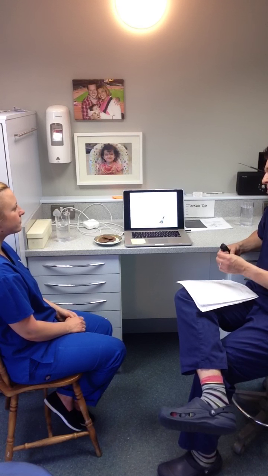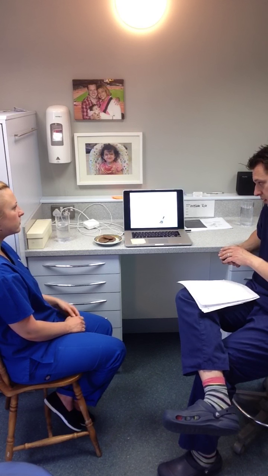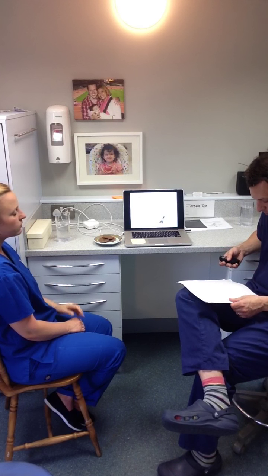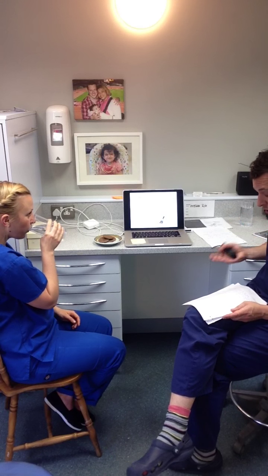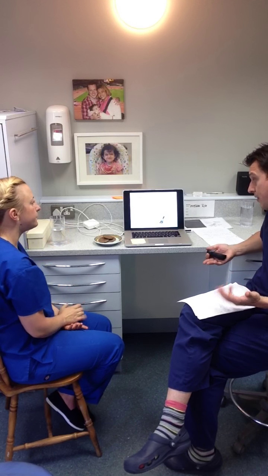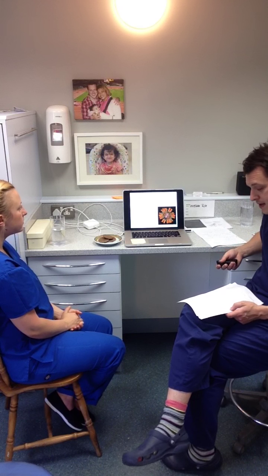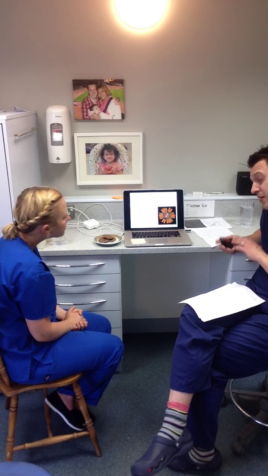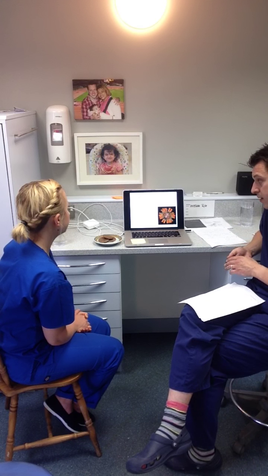So it's a very, very small proportion that actually go on to develop cirrhosis and then ultimately cancer as the end stage. So hepatitis B is basically all down to prevention.